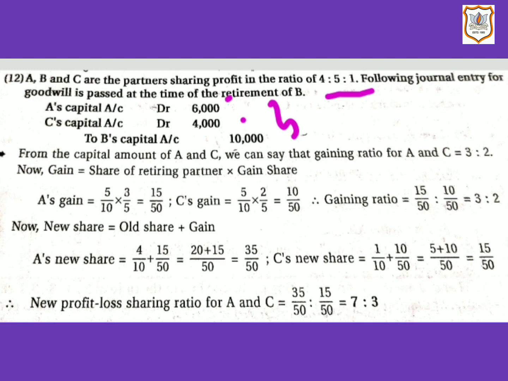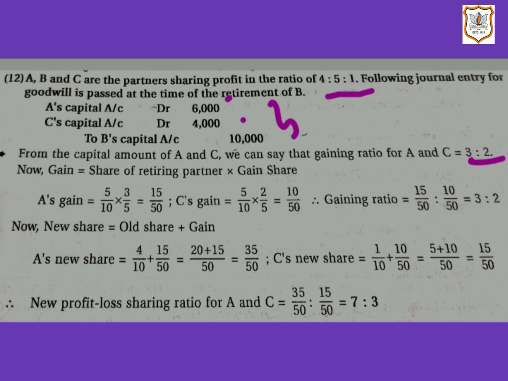So on the basis of these figures, 6,000 and 4,000, the gaining ratio will be found out. By cancelling the common 3 zeros and then simplifying 6 and 4 with the common factor 2, we will get gaining ratio 3:2.